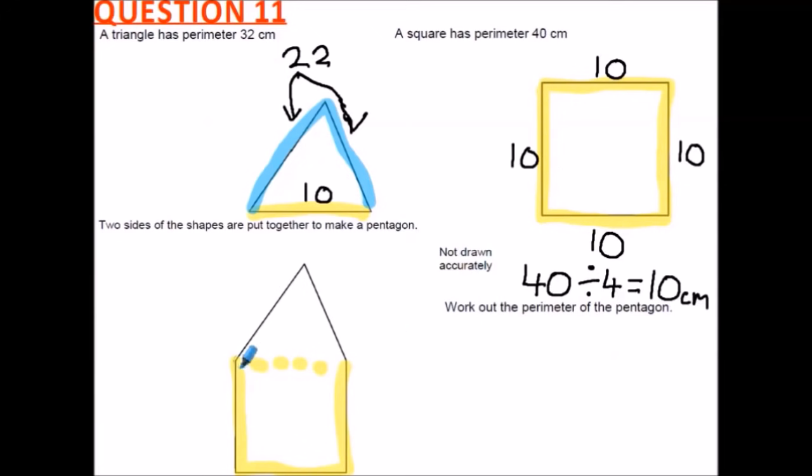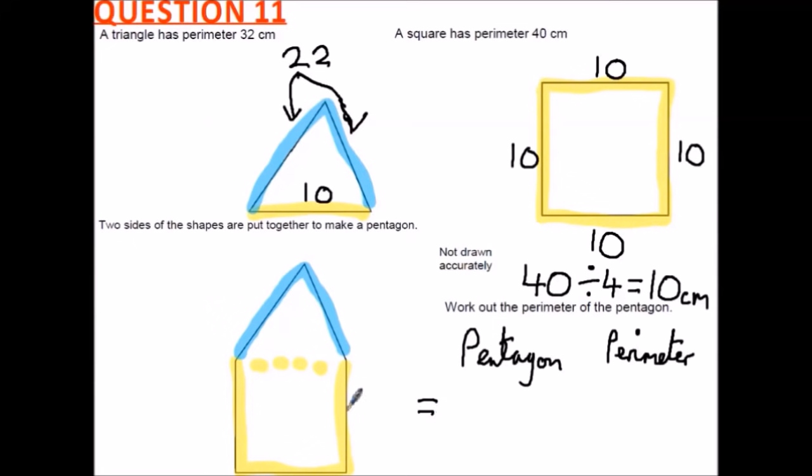And so we can put together these bits of the puzzle now. So the total perimeter of the pentagon, the pentagon's just any 5-sided shape. It doesn't have to be a regular pentagon. This one's just a bit of a strange looking house pentagon.